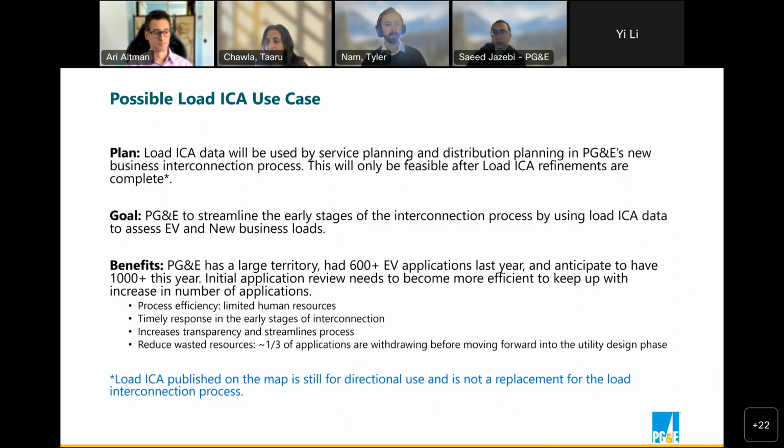Yeah, so we'll use ICA information in the early stages of the load interconnection process for assessment. And that is a very helpful piece of information for our engineers, so that for some small loads or medium-sized loads, they can take a look at this data instead of running SIME analysis.